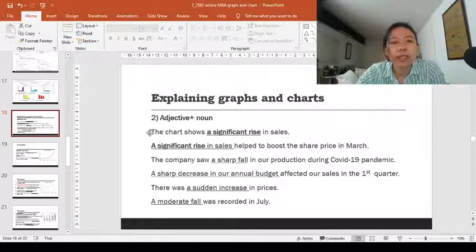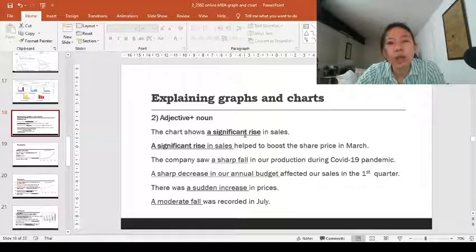So look at the first example together. The chart shows a significant rise in sales. In this sentence, the subject of the sentence is chart, and it is followed by the verb shows, and a noun phrase with adjective and noun is used to describe the movement, to describe a trend.